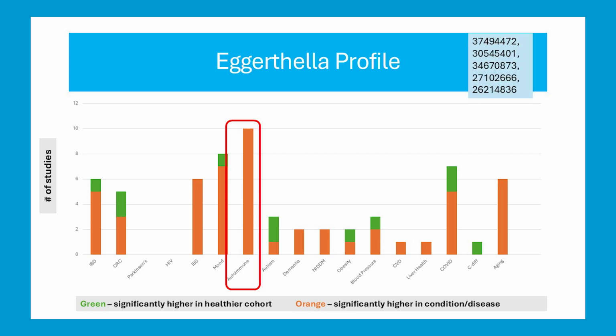For such an abundance of association of data points, you would think there'd be some evidence in humans of molecular mimicry, or some evidence of a trigger for Eggerthella in autoimmune disease. But to date, it is exceptionally scant.